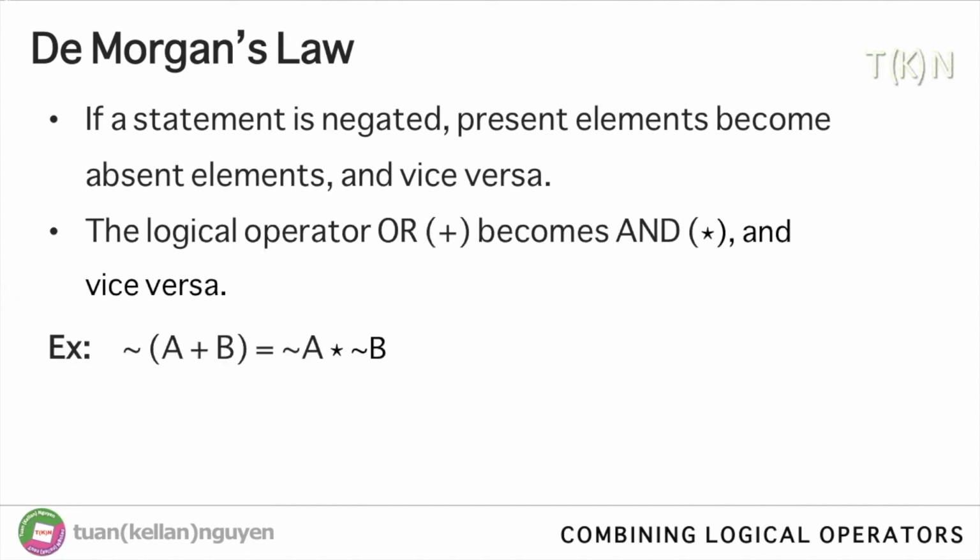This is our example, applying the Morgan's law rule. The negation of this expression, A or B, becomes the negated A and the negated B.